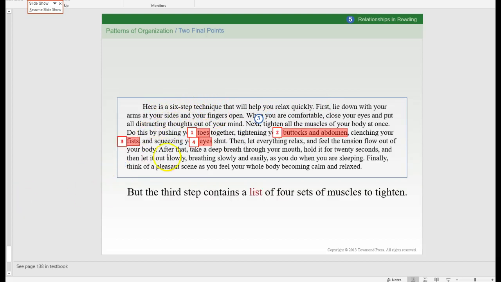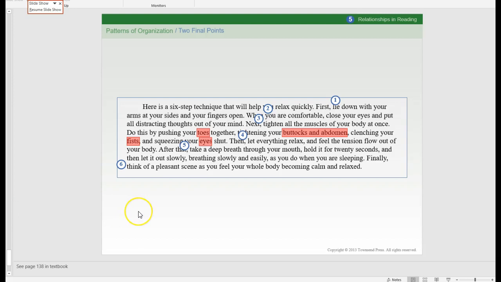Let's take a look here. A list of 4 sets of muscles. So they're listing the muscles here. Oh, let me jump to the next one. So here they're doing time order, and then within the time order they're listing the eyes, the toes, so they're mixing them.